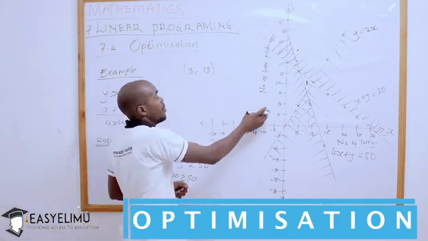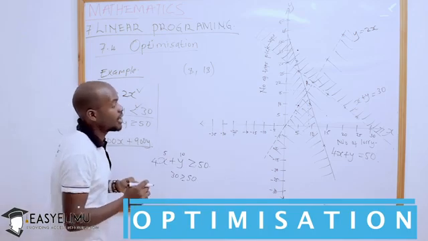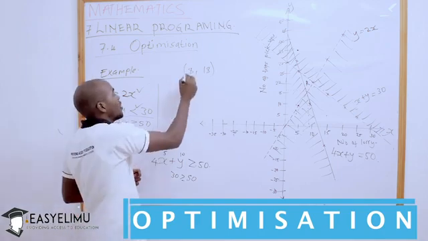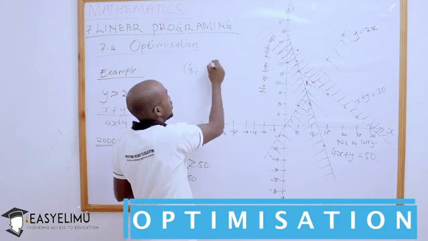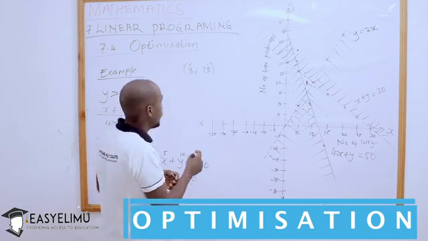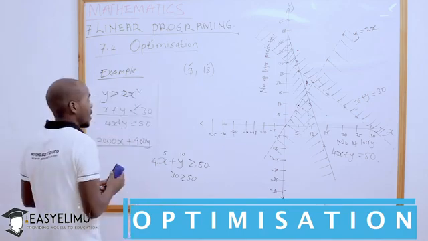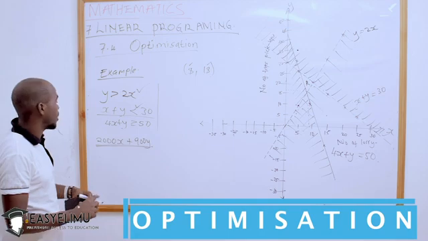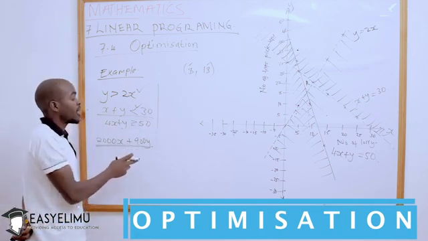So if you find something in the form of 8, 18, that means this represents the number of trips of the lorry, and this one is for the pickups. And if you want to calculate the maximum or the minimum amount that the contractor will spend, you shall substitute where x is and y is.